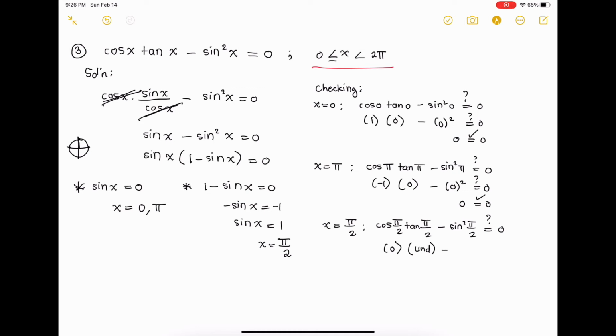Minus sine pi over 2, 1 squared. Take note, tangent pi over 2 is undefined. Therefore, we can already say that pi over 2 is an extraneous root. Therefore, the solutions are x equals 0 and x equals pi. Final answer.